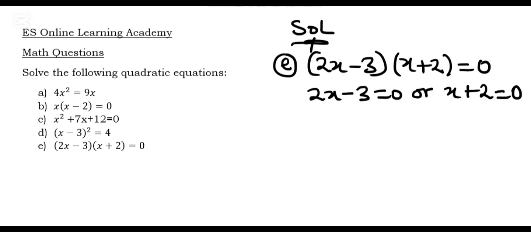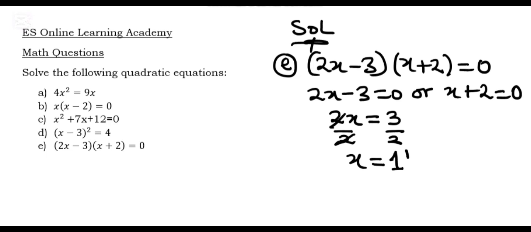And then we solve for x. So solving for x on the first equation, 2x minus 3 equal to 0. We take 3 to the right side, and this is going to equal to positive 3. Then we divide both sides by 2 to solve for x. Then 2 into 2 on the left side gives 1. 1 times x gives x equal to 2 into 3. 2 goes into 3 once, remainder 1 over 2.